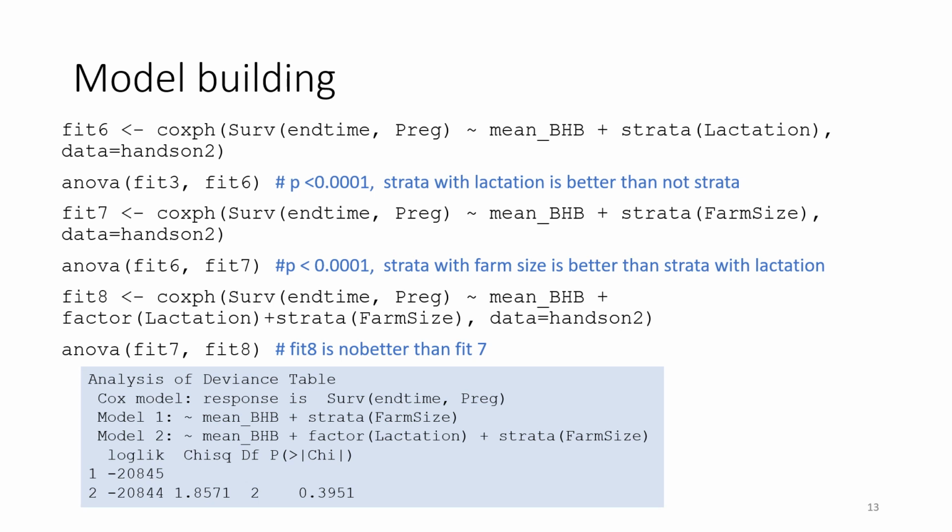Model 8 includes the mean milk BHB and the factor lactation and stratifies with farm size, but the log likelihood is very similar for Model 7 and Model 8. So Model 8 is no better than Model 7.